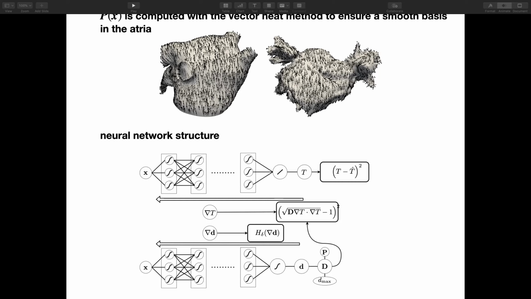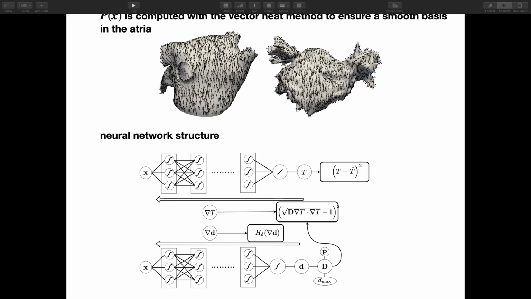Okay, but this could be seen as, let's say, a priori information that you could provide about, for example, fiber orientation, or it is completely disconnected from this? Yeah, I mean, that's a good point. So, for example, what we could do is, instead of using this smooth basis, we could use a rule-based approach and use that as a basis, and that probably will make things even easier for the neural network. So you can put as much information here.